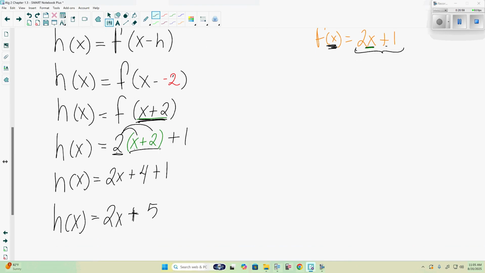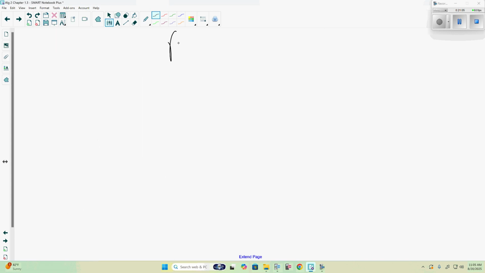So this is getting there. If I said we had f of 3, how would I do that? How would we calculate this? We'd say what? Because we replaced x with what? 3. So we'd have 2.